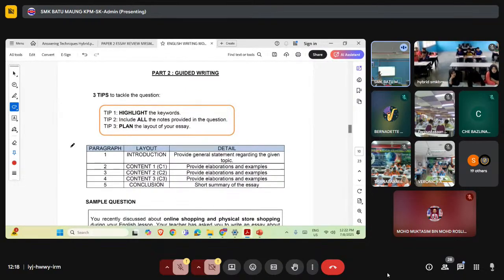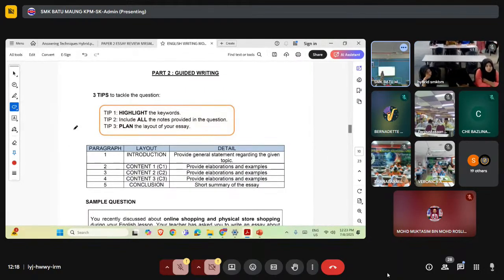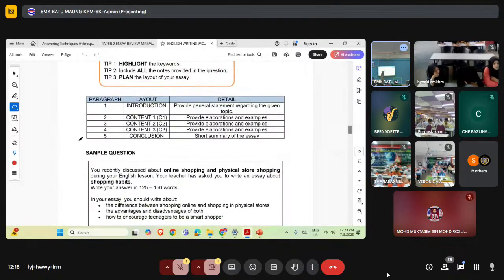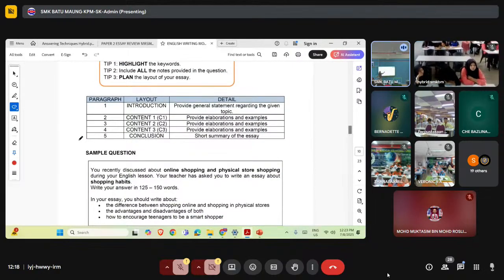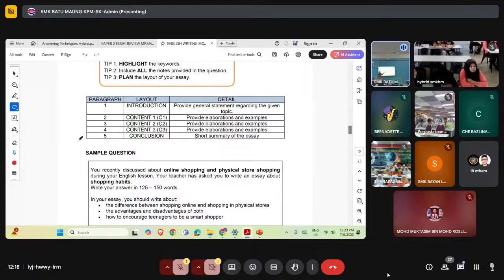Okay, so how many paragraphs for part 2? Part 2, 3 paragraphs. For part 2, first you have to write the content point. Take from the question and then elaborate.